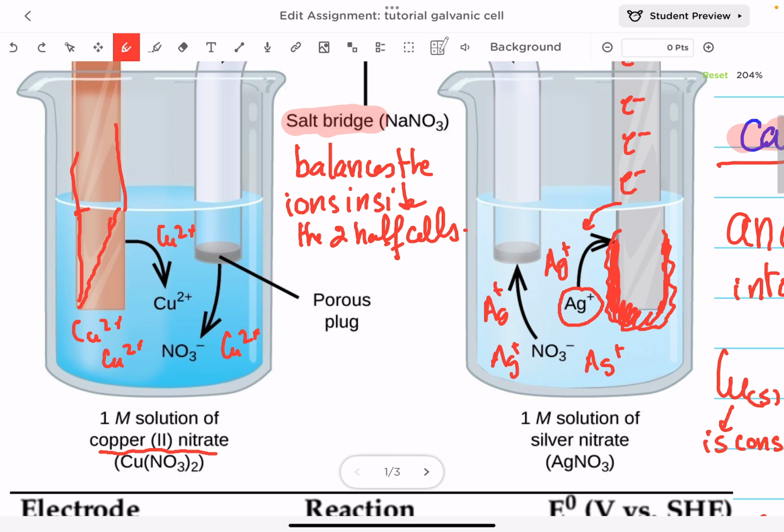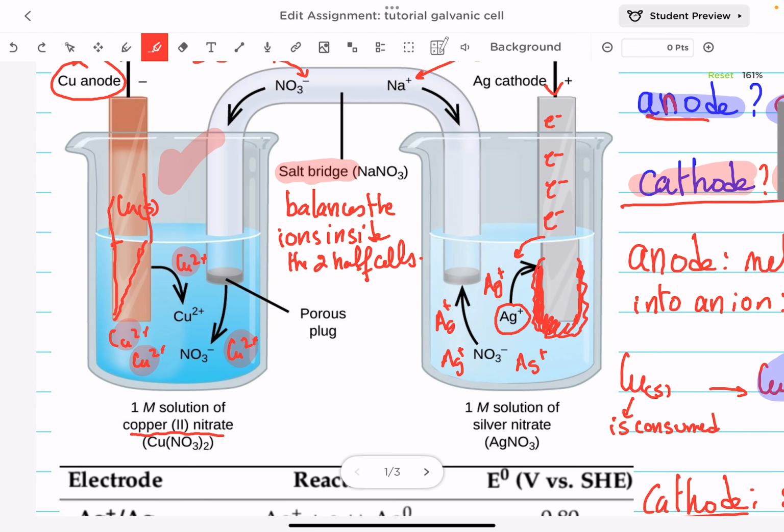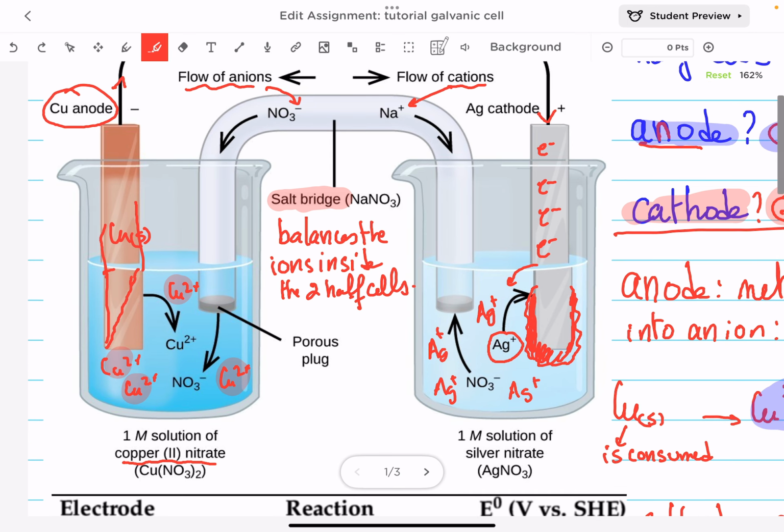So let's go back in here. As I mentioned here, the copper metal loses electrons and gives more and more copper ions, Cu2+. So there's an increase in the positive ions inside the anode half cell. So this creates a positive charge.